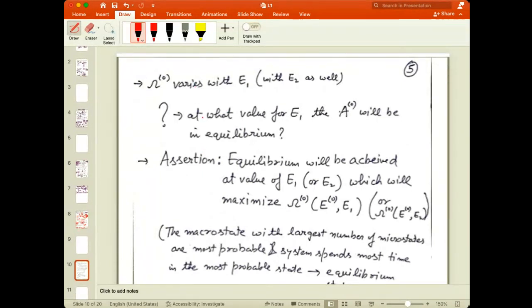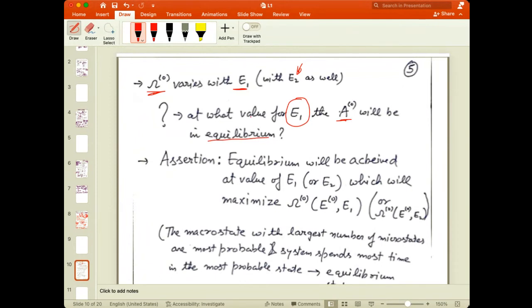Okay, so now the question is that this number of microstates accessible to the composite system varies with E1, or if you are interested, you can write the expression the other way. It also varies with E2, saying the same thing from another perspective. So my question would be: at what value of E1 will my composite system be in equilibrium?